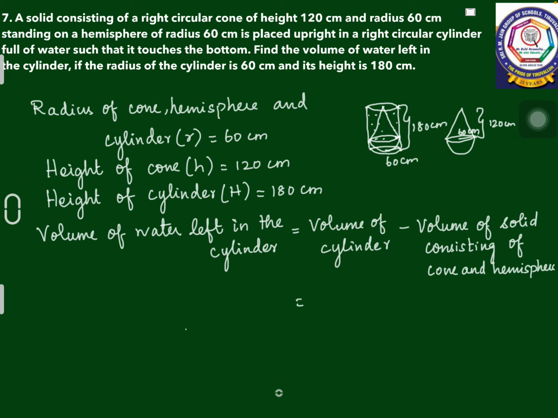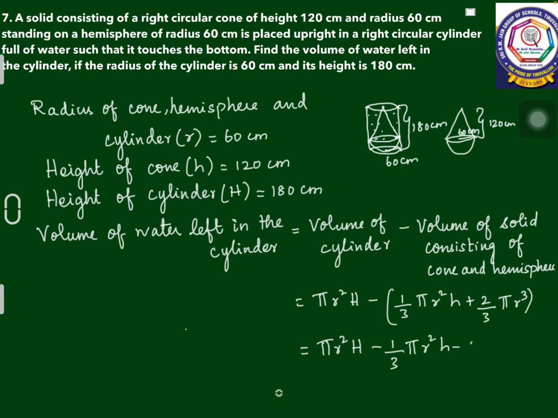What is the volume of the cylinder? Pi r squared h, pi r squared capital H, minus what is the volume of cone and hemisphere? 1 by 3 pi r squared h, plus what is the volume of a hemisphere? 2 by 3 pi r cube. So that is pi r squared H minus 1 by 3 pi r squared h minus 2 by 3 pi r cube.